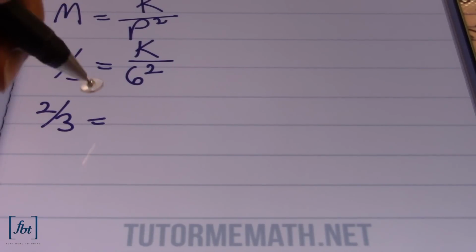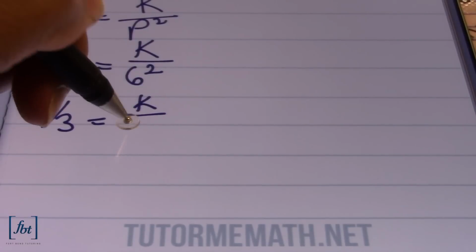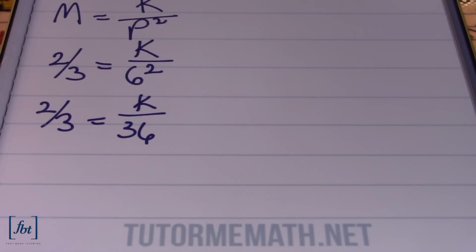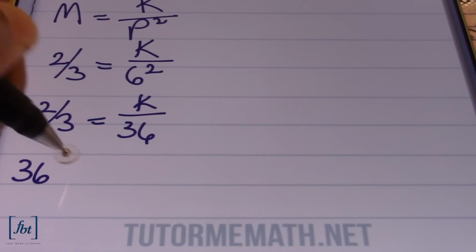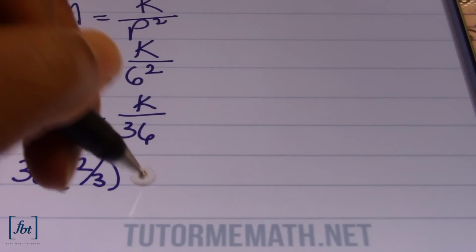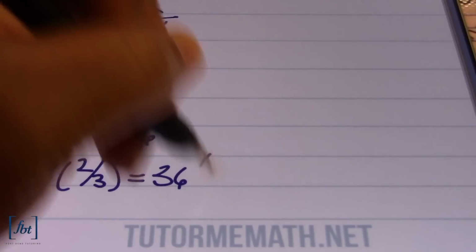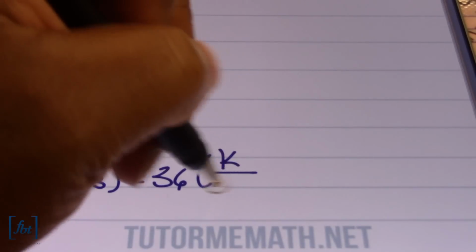So simplifying that 6 squared, I have 2/3 equals K over 36. Solving for K, I'll be multiplying both sides by 36. So I'll write this as 36 times 2/3 equals 36 times K over 36.